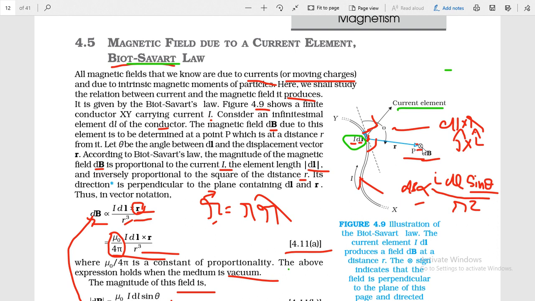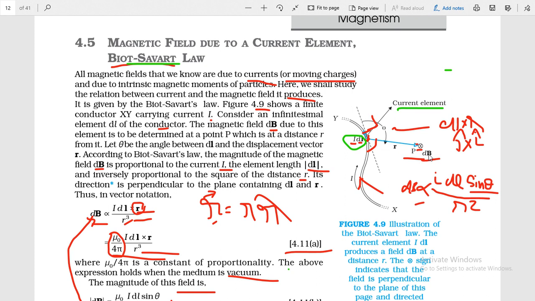Those factors are: first, the amount of current flowing through the element; second, the length dl of that element; third, the angle between the element and the line joining the point P with that element; and then the distance of point P from the element.